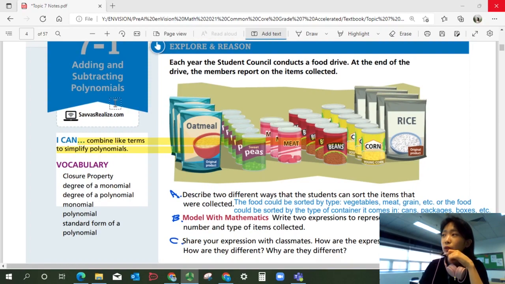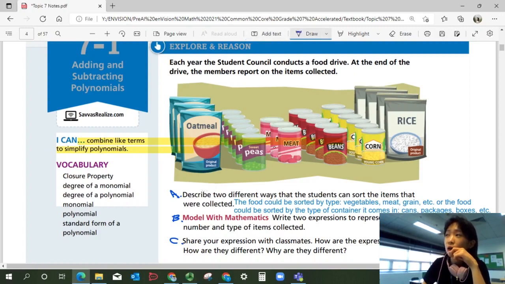Here we go. Okay. And part B, write 2 expressions to represent the number and type of items collected. So now we're going to write expressions using variables to represent the number and type of items collected. So the first expression, we could talk about the numbers, right?